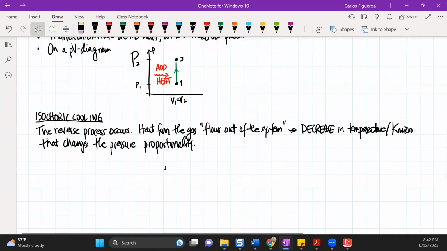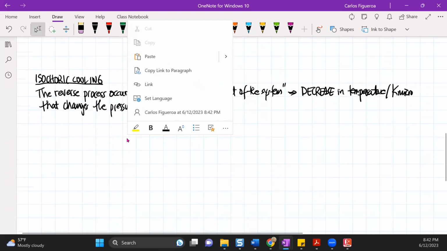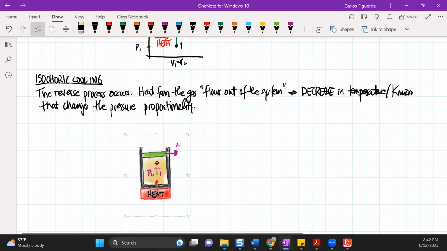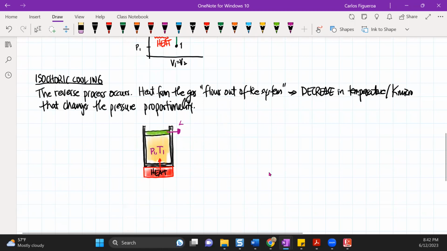So let's set this up. I believe I have an image of the piston still. So let me put this right here. And so what you're going to see here is that now we don't have heat anymore. What we have now is a cold source. So this is the low kinetic energy region here.